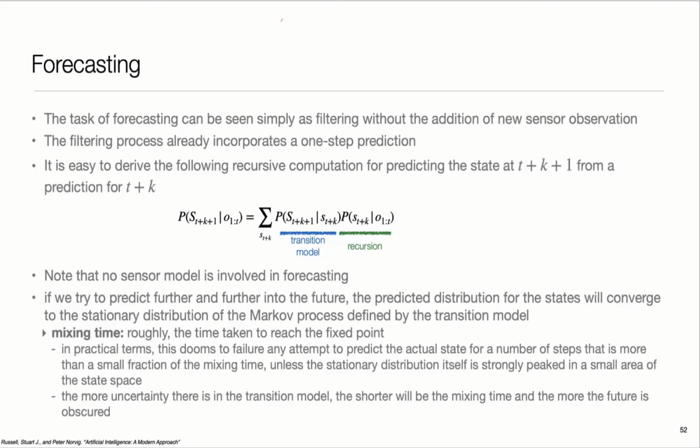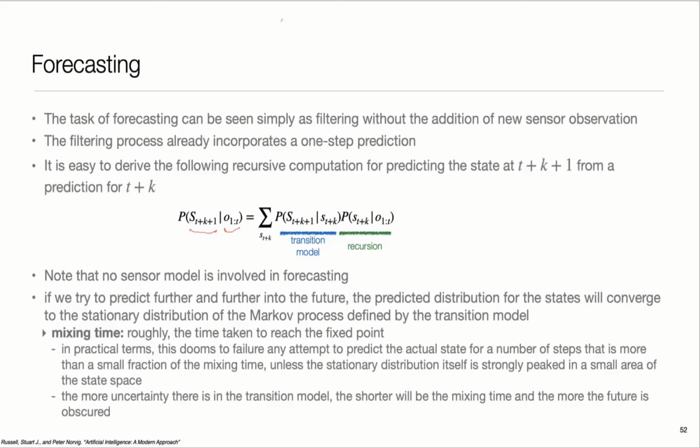In this particular case, we are trying to predict or infer the state at t plus k plus 1, but we are only given observations 1 through t.